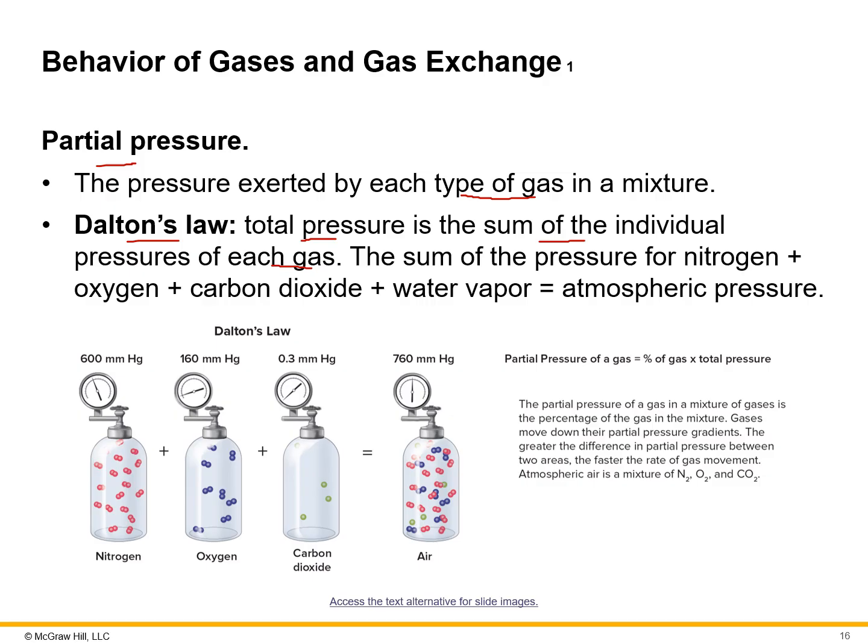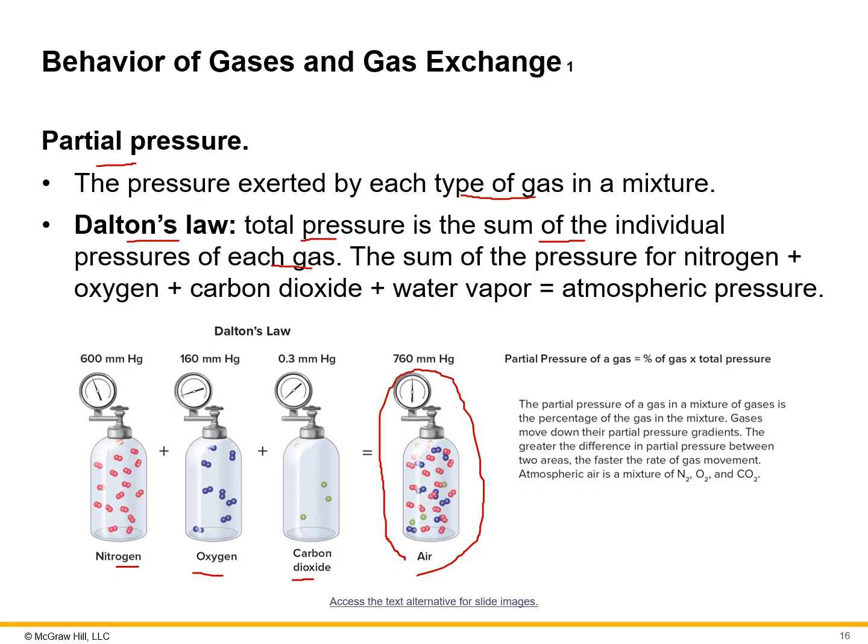In this example down here, we have nitrogen gas, oxygen, and carbon dioxide. If all three of these gases are in air, then Dalton's law says that we get the total pressure by adding each of those together.